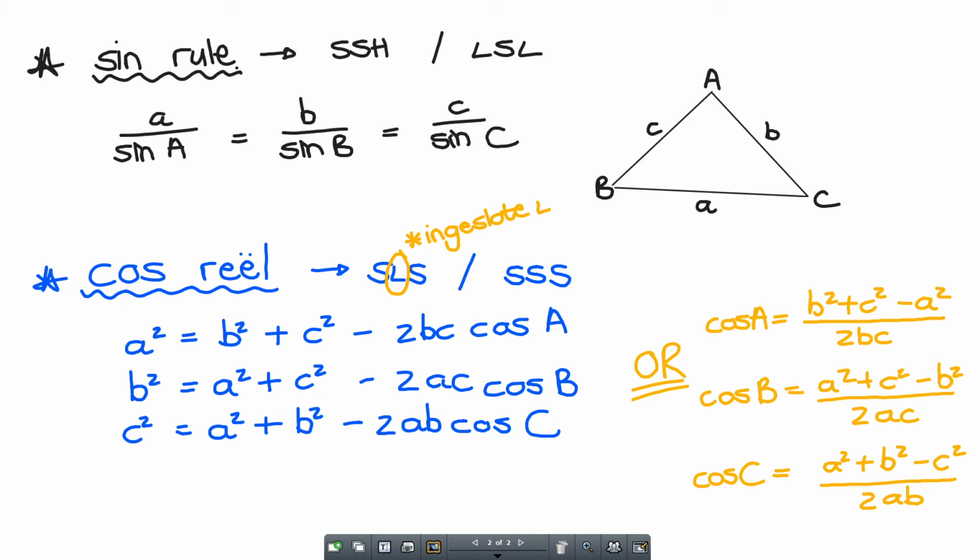Ja. Ek het mos die formule platse uitgedeel. Ek dink nie so nie. Ek gaan double check.